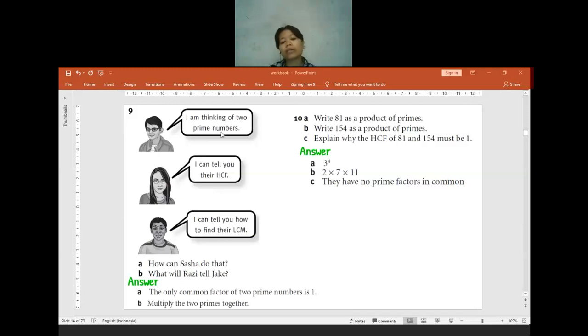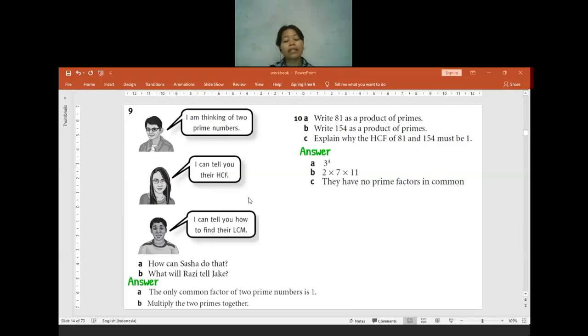For prime numbers, the only factors of a prime number are one and the number itself. So they only have two factors. So for whatever prime numbers you have, the HCF will always equal 1, because the only common factor is the number 1.